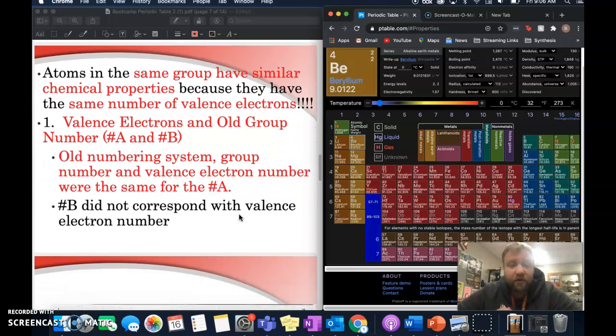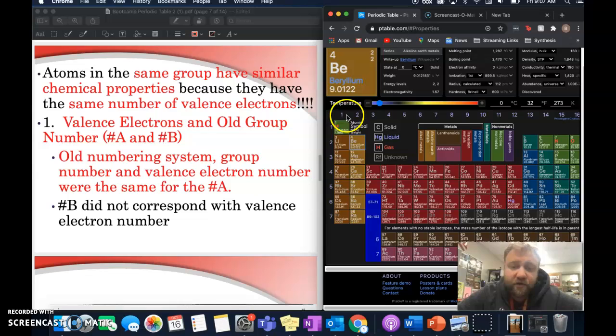Atoms in the same group have similar chemical properties. The reason they have similar chemical properties is their number of valence electrons. If you look at the old numbering system, which we do not have up here, but in the classroom a couple of the periodic tables have the old numbering system, you can know how many valence electrons each group will end up with, not just by drawing it, but from their group number.